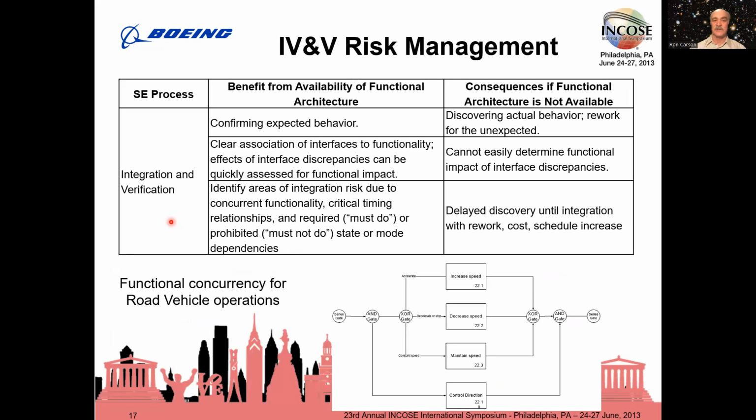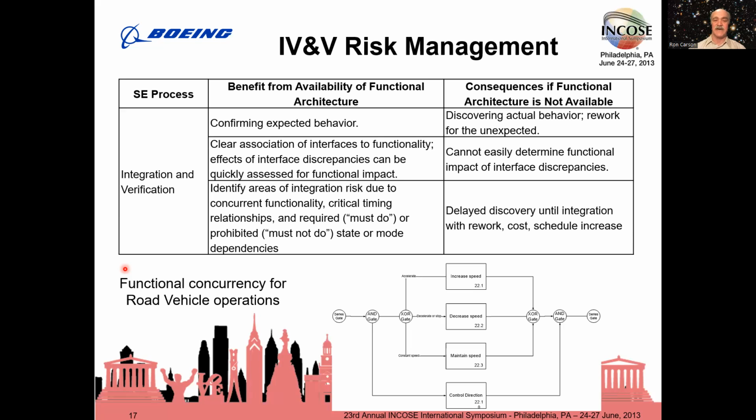We can use the functional architecture during integration and verification to help manage risks by first confirming the expected behavior in the functional architecture before we go to integration and verification, rather than using integration to discover actual behavior and then redoing the design and implementation for any unexpected and undesired activity or functionality. We have a clear association of interfaces to functionality, so we can examine and understand the effects of interface discrepancies and fix them before we get to integration and verification.